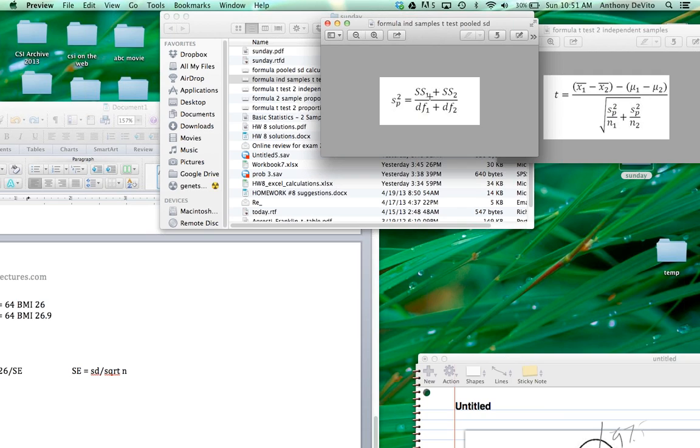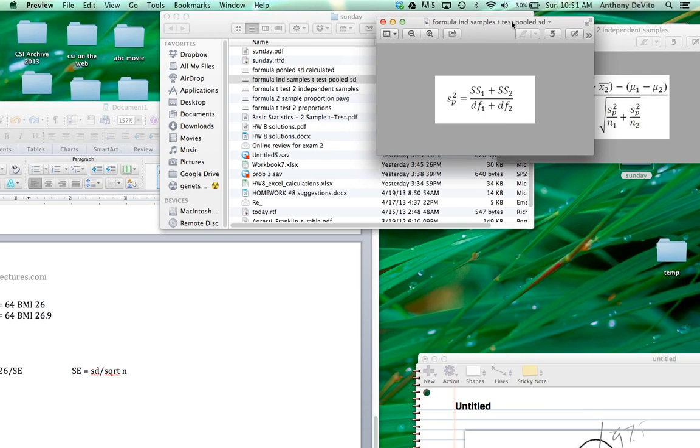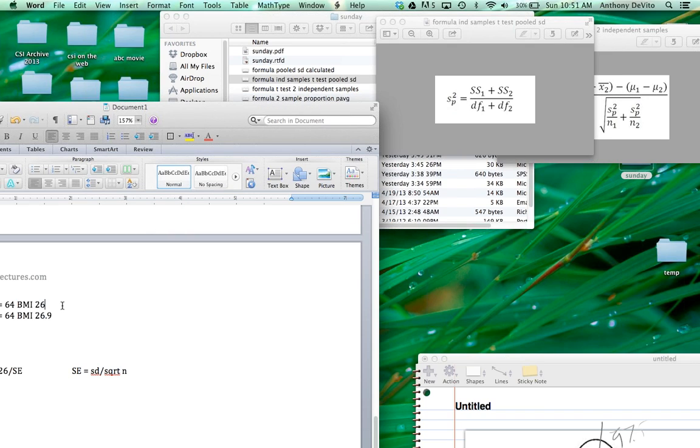In other words, n minus 1. So for this sample, I didn't give a standard deviation here. Let's say standard deviation here was 3. Then this for that group would be 3 squared, which is 9, times 63, which is the degrees of freedom.